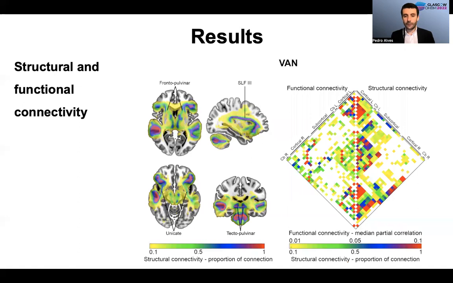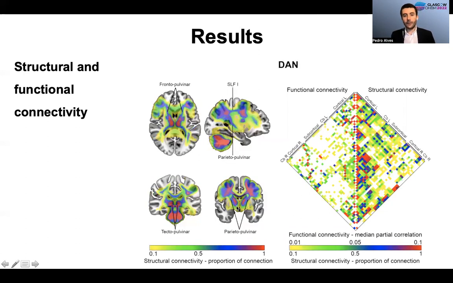In terms of connectivity, the structural connectivity analysis of VAN showed that it is not only composed of the typical ventral association fibers, namely the third branch of the superior longitudinal fasciculus and the uncinate, but also of projection fibers, namely the frontopulvinar and the tectopulvinar fibers.